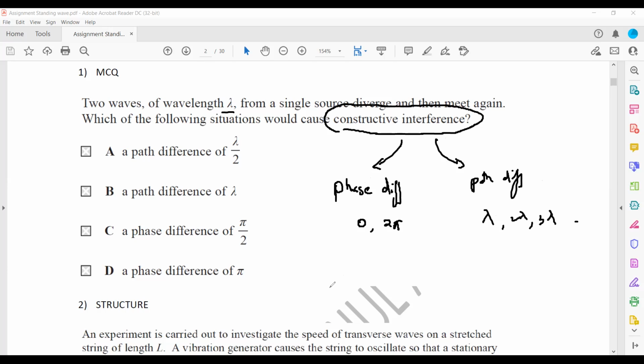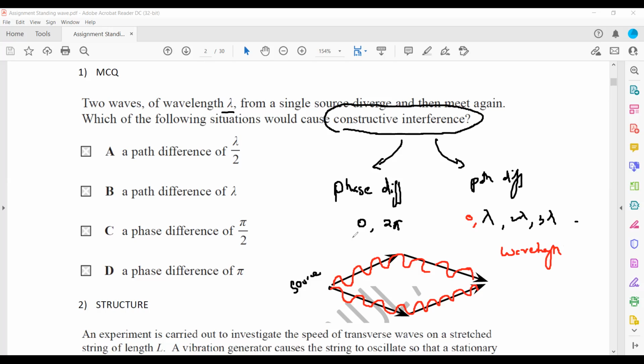As I mentioned, there are two waves produced from a source, and they diverge and meet at one point. When they combine, what is the meaning of path difference? Path difference means the difference in terms of wavelength.